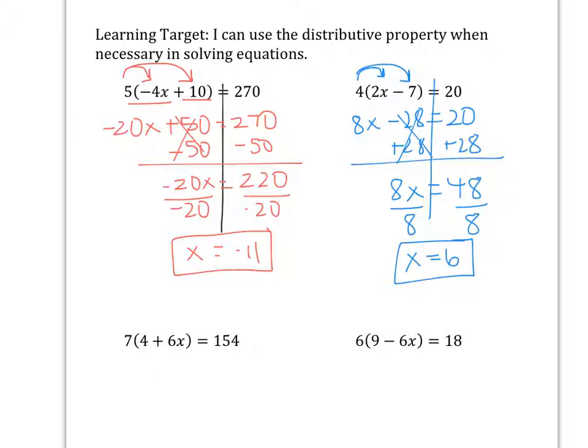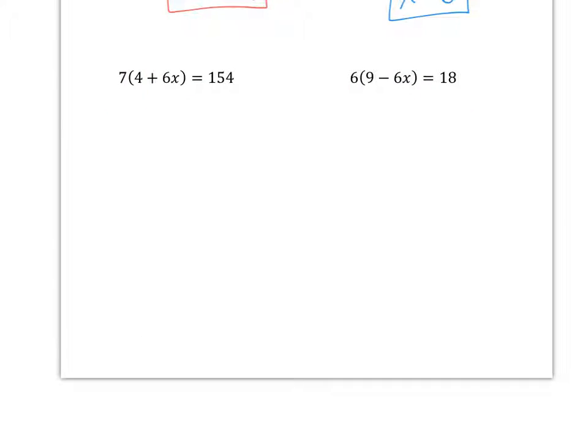All right, let's look at the next example. So again, I see a number in front of the parentheses, so I'm going to draw an arrow and remind myself what everything that the 7 needs to be multiplied by. 7 times 4 is 28. 7 times 6x is 42x, and that all is equal to 154. Now I'm going to isolate my variable x and subtract 28 from both sides.